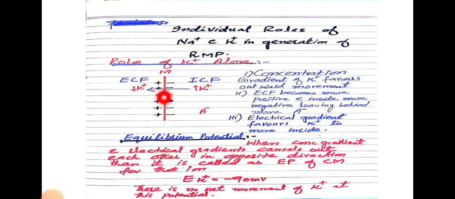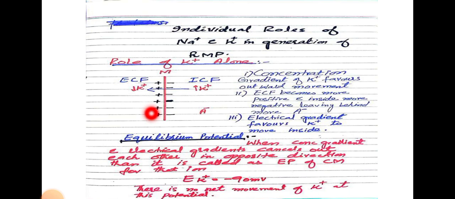But when potassium moves outside, the anions and proteins present inside the cell have negative charge. When positive charges are going out, negative charges are increasing. Already outside is more electropositive and more potassium ions are coming out. Similar charges repel each other.